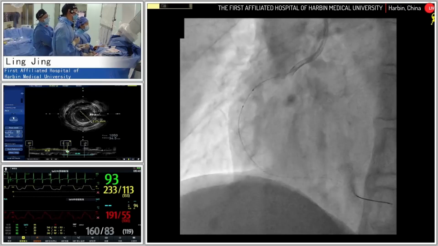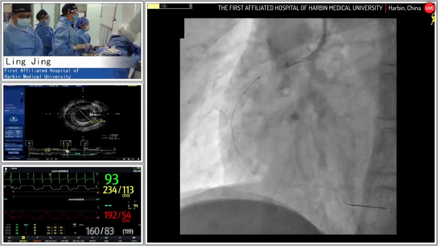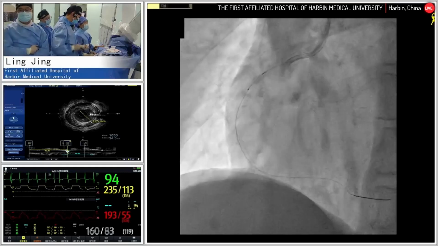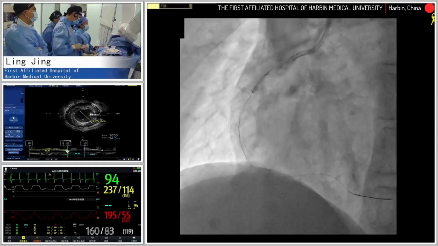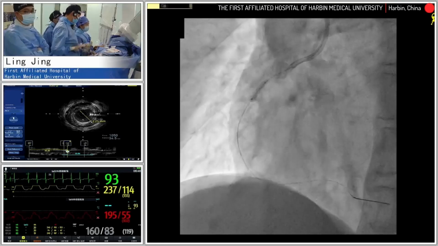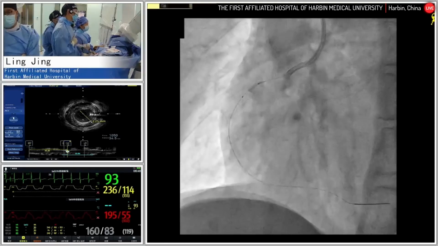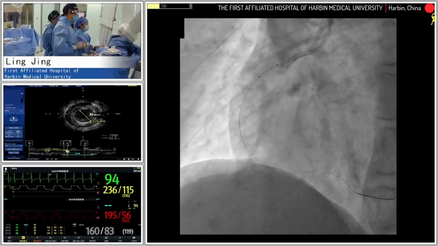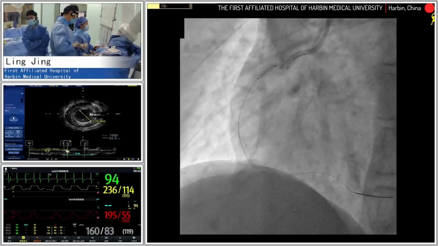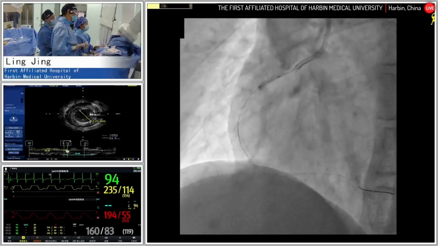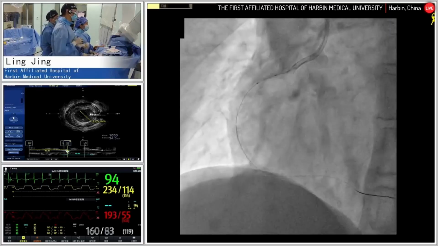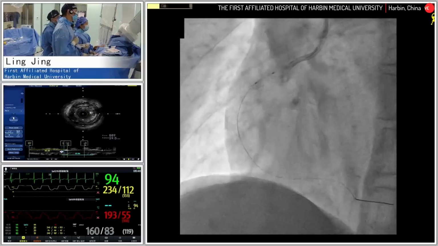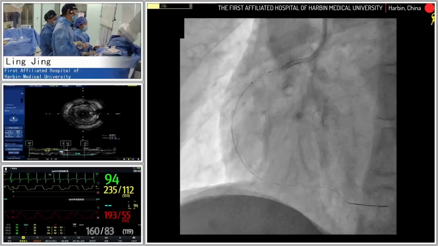Maybe we can open it to a relatively higher atmosphere because the plaque burden is high. So this spot seems to be the attenuated spot that requires good plaque modification. I think for the ostium it could be higher, something like 12, 14 atmospheres is fine.